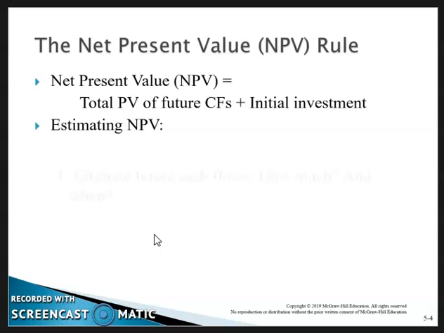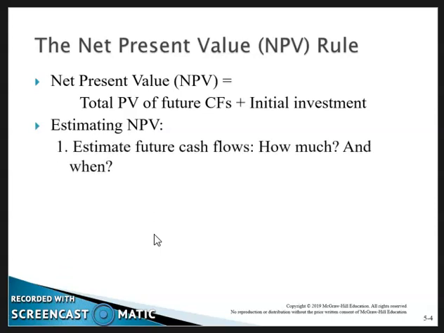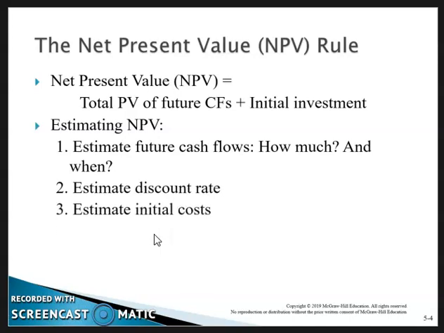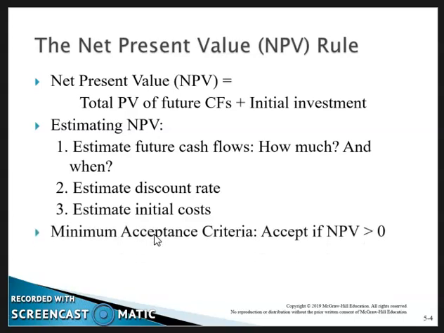So to estimate NPV, we estimate all the future cash flows, how much they're going to be and when they're going to occur. Determine our discount rate. Determine our initial costs. And then minimum acceptance criteria: you accept the project if the net present value is greater than 0.